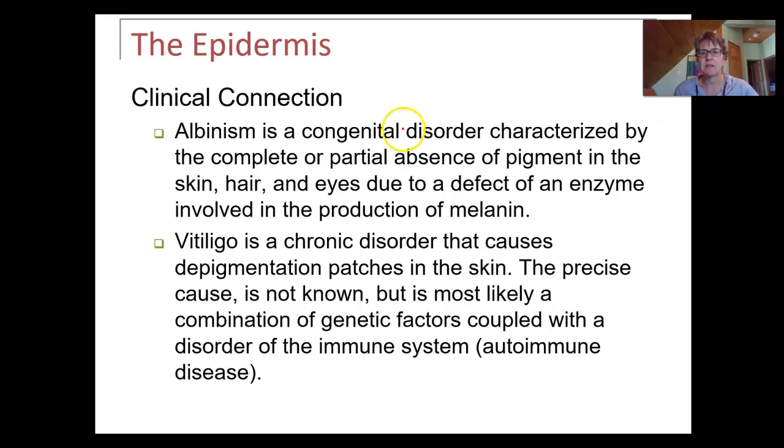And, oh look, here's albinism. Absence of pigment, and therefore your melanin is a little bit messed up. It's genetic. Congenital means it's a genetic disorder. And then you have, I don't know how to say this, but this is interesting, and this is a lot more common than I thought, vitiligo, where you have patches of skin that don't have any pigment.